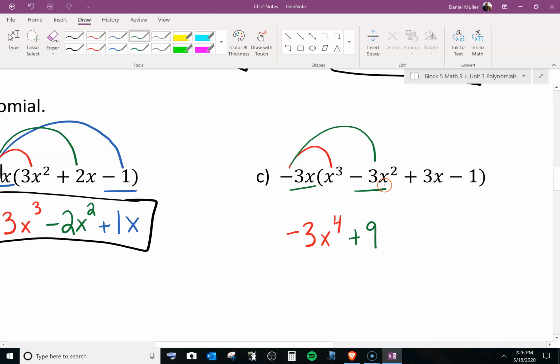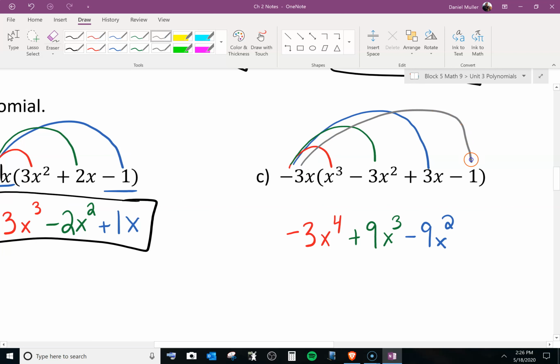And I've got an x and 2 more of them, so I got an x cubed. The math here is very straightforward. You're just multiplying the numbers out in front and then kind of adding up the letters. So negative 3 times positive 3 is going to be a negative 9. And I've got an x and an x for a total of x squared.